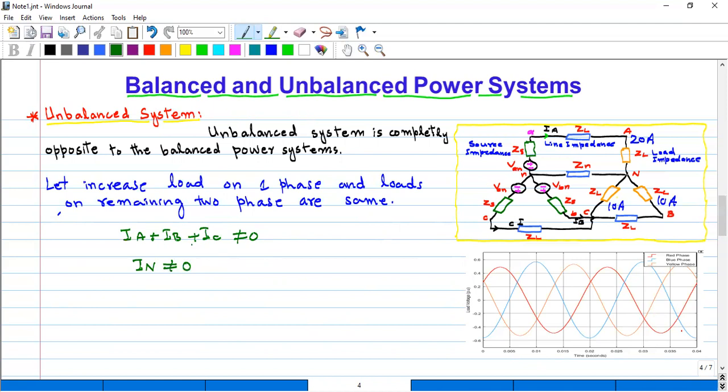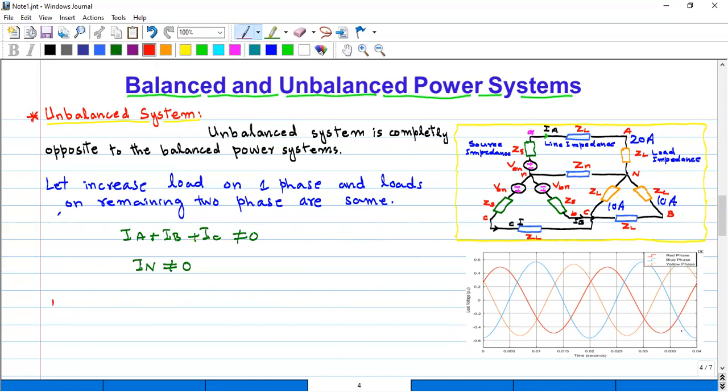And if the sum of all the currents is not equal to 0, then the sum of all the voltages at every instant will not be equal to 0 as well. So this is the important point of the unbalanced system. The system can become unbalanced due to unbalanced load. Normally, the load is unbalanced.